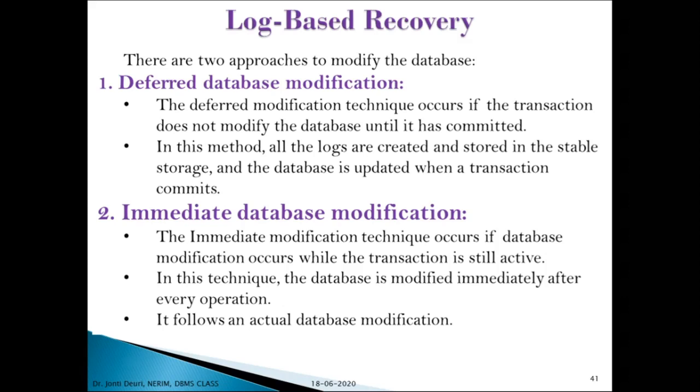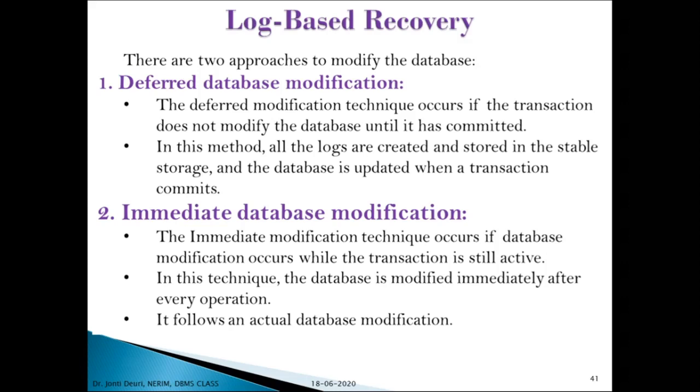But in immediate database modification, when you write one operation, whatever change is there, it immediately reflects in the database also. That is immediate database modification, and deferred database modification happens after completing the transaction.